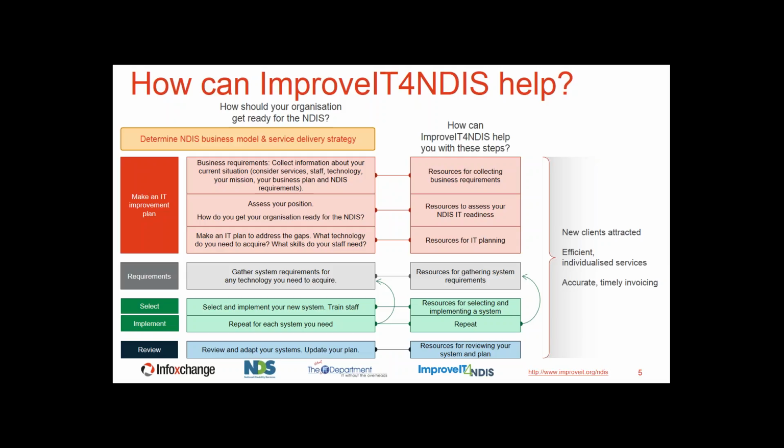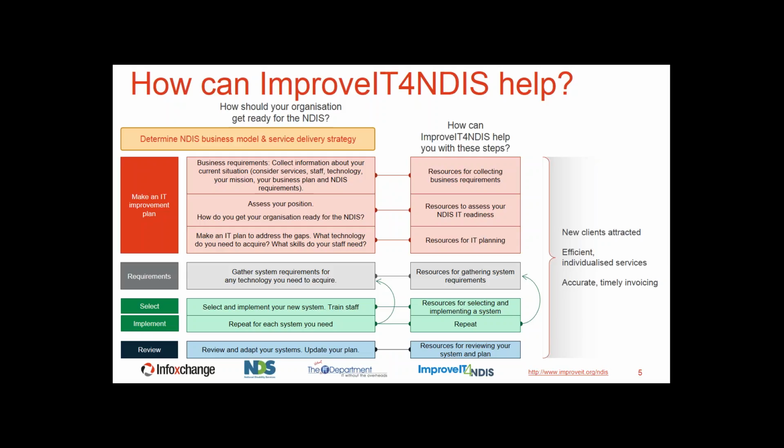As you can see in the top section on the left there in the red, the first step we recommend for organisations is to make an IT improvement plan. That includes thinking about your current situation, the services, your staff, your technology environment, assessing where you're strong, what bits work well, what you need to do to get ready for the NDIS, and making an IT plan to address those gaps.